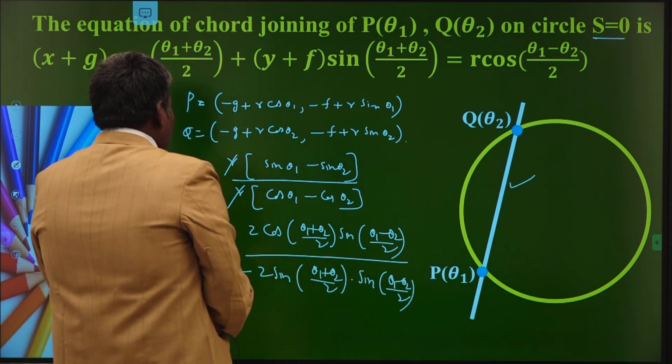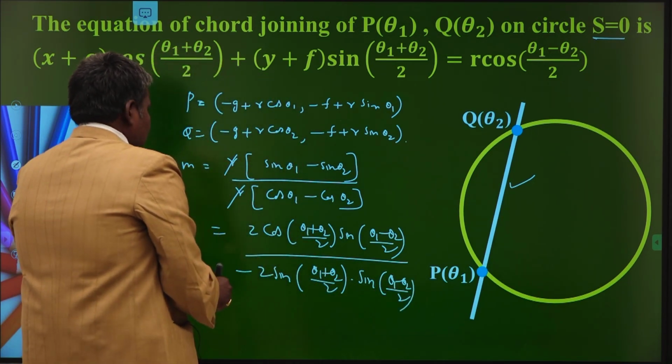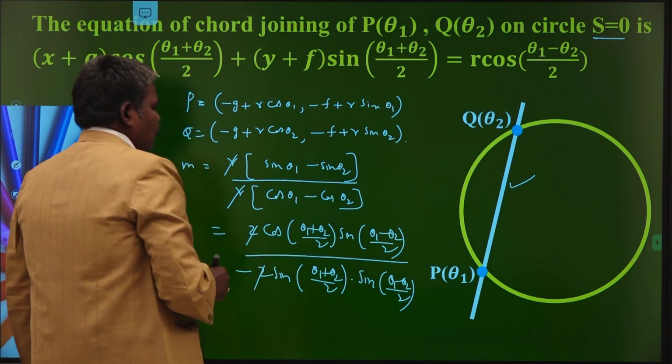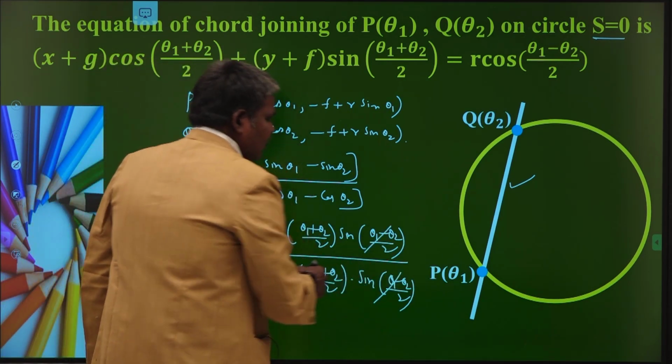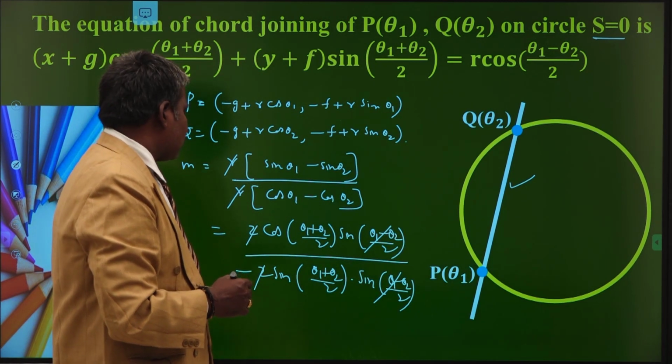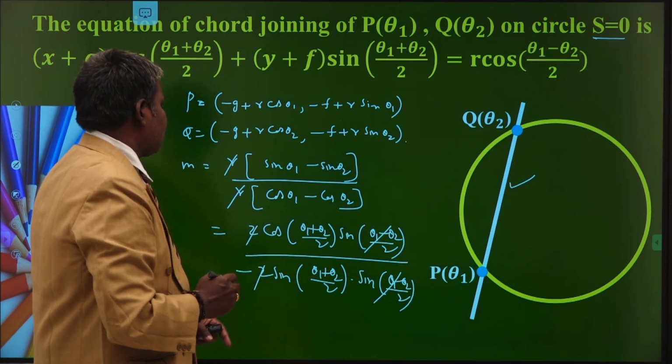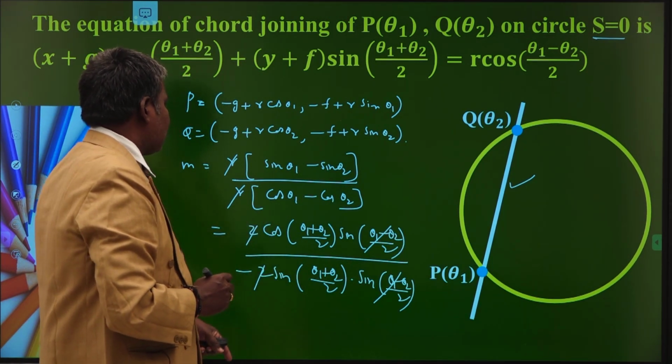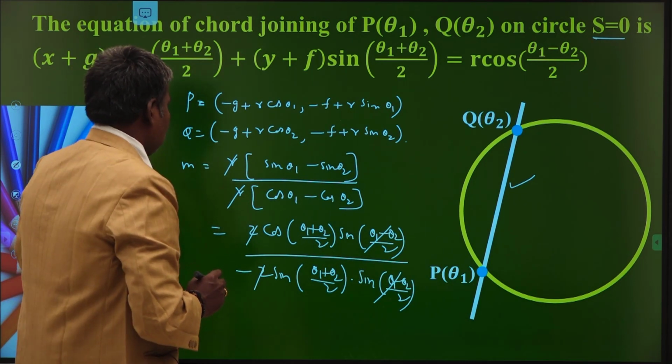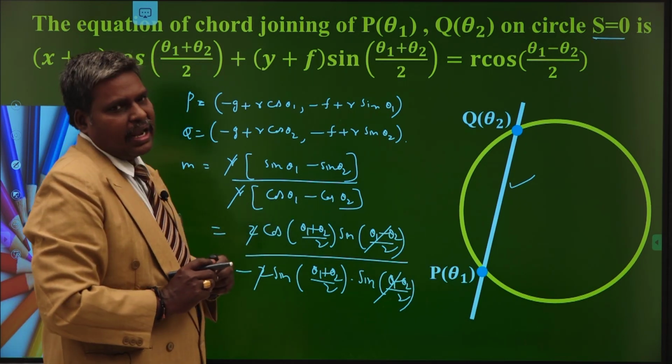Understand? Now 2 gets cancelled. Sin of (theta 1 minus theta 2) by 2 also gets cancelled. Cos of (theta 1 plus theta 2) by 2 by sin of (theta 1 plus theta 2) by 2, with a minus sign, is there. This is the slope of the line.